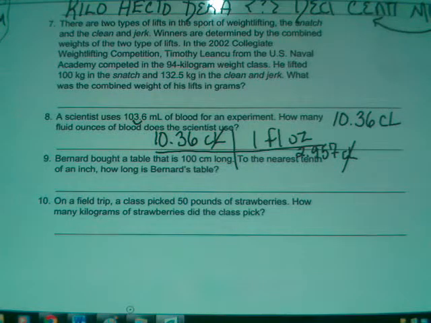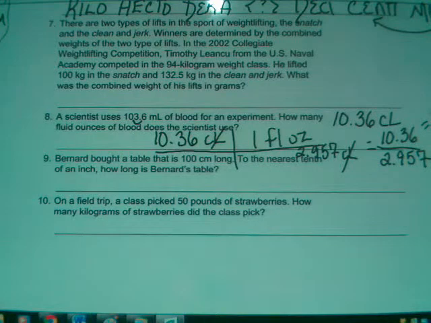Now I'm going to multiply. Remember, you multiply across the top, multiply across the bottom, and then divide the two. So you've got 10.36 times 1 on the top, 10.36, and 2.957 in the bottom. And then you're going to divide those two things, which is a great calculator question. When I take 10.36 and divide by 2.957, I end up with 3.503, which we can write like that.